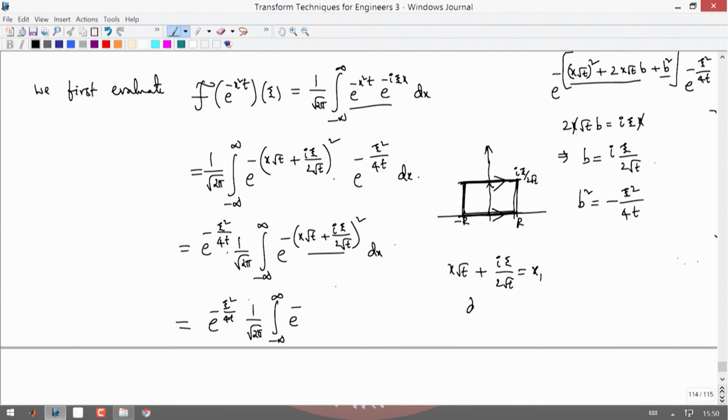So, you have dx root t equal to dx 1. So, even by contour integration, you have to justify this by considering this contour, or in a formal way which is not legitimate, but if you do it in a formal way you also get the same thing. So, dx I have to replace by dx 1 by root t, as dx, e power minus this whole thing as x 1, so you have x 1 square.